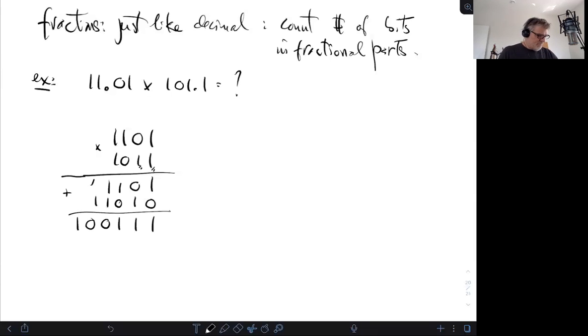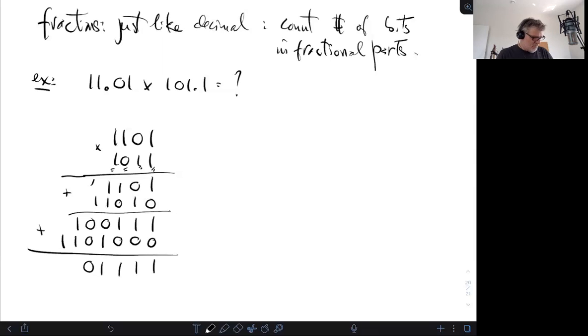Okay. 0 contributes nothing. So now I move to the last one. I need to put my correct number of zeros here, and I copy down my number, 1011. And add: 1, 1, 1, 1, 0, 0 carry of 1, 0 carry of 1.